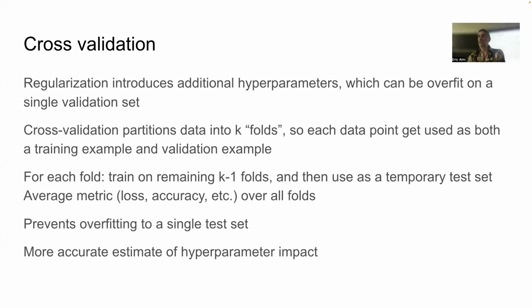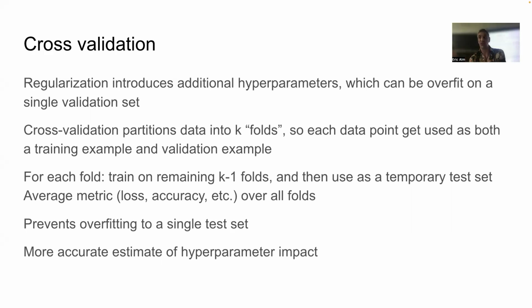And so that's where cross-validation becomes really useful. I've shown you that I can divide my data set into a training set and a test set. But I can also take that training set and divide it up, and optimize all the different hyperparameters in my model, leaving different validation sets out.